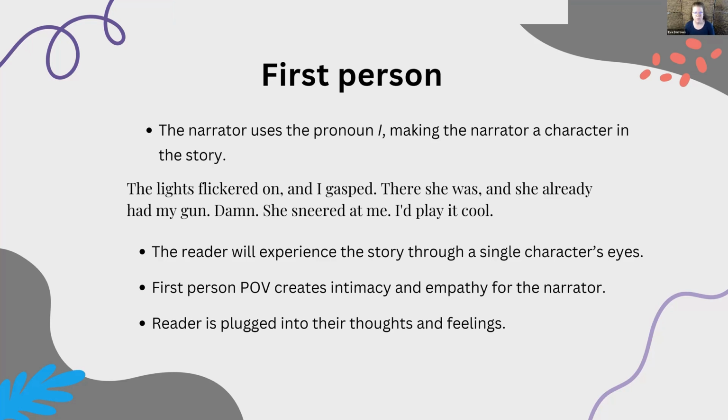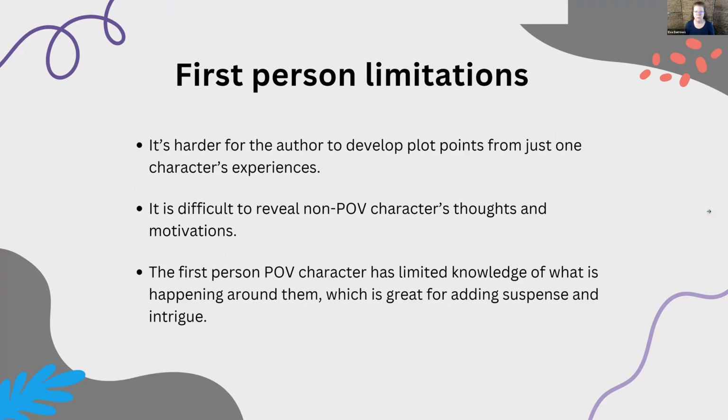I'd play it cool. In this instance, the reader experiences the story through a single character's eyes. The first person point of view creates intimacy and empathy for the narrator, and the reader is plugged into the narrator's thoughts and feelings.